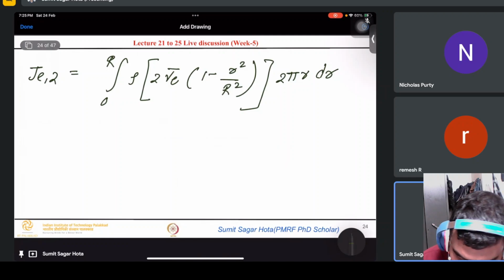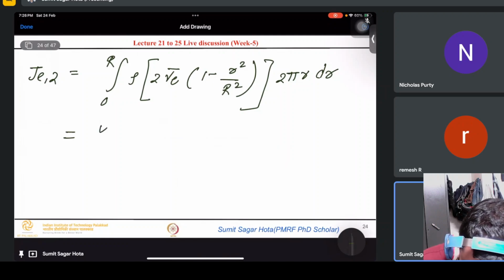What we do now is take all the constant terms outside of the integration, then integrate.